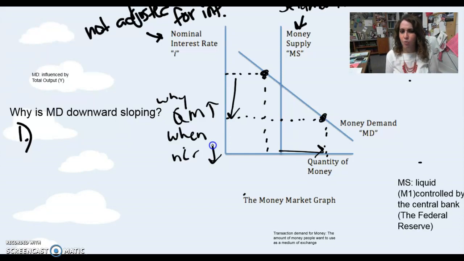So you're just going to keep it in your wallet because interest rates are so low. It's not even worth depositing it into the savings account for what, pennies? So if it's in your wallet, it's not in the bank. There's more money in circulation, and that's the idea of asset demand, money demand as an asset.